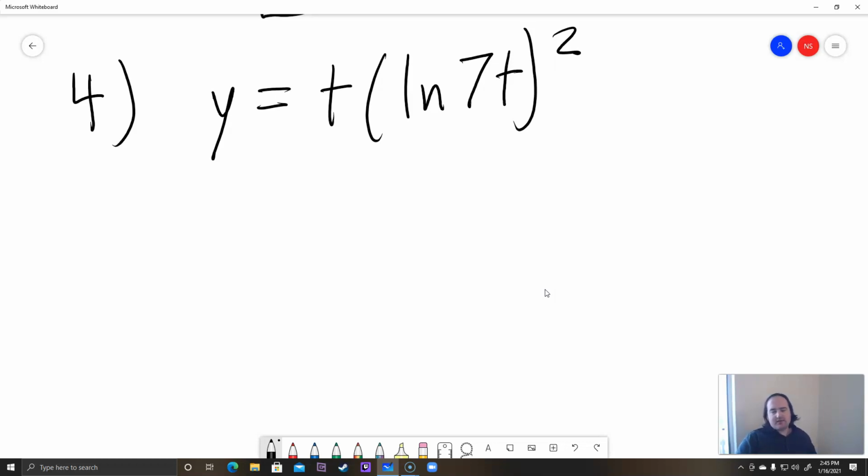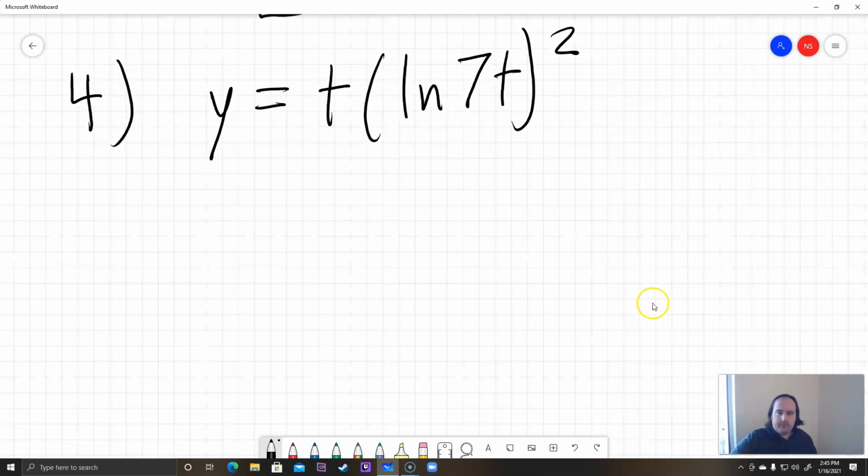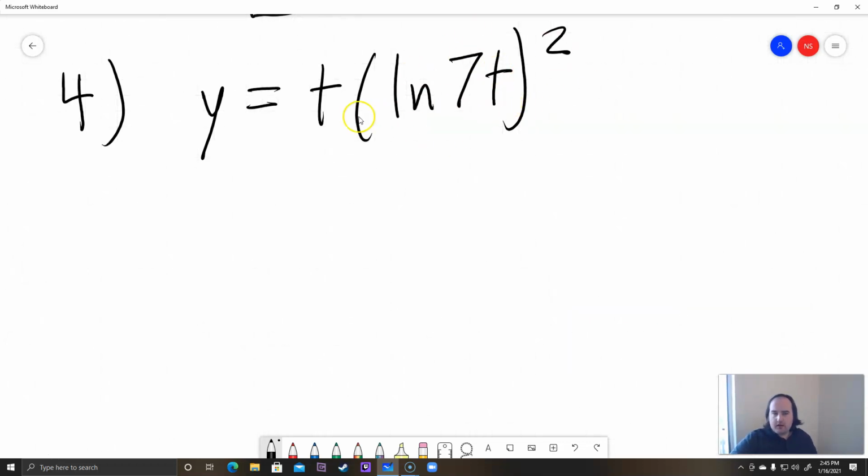So here you have to kind of remember some stuff from Calculus 1 and apply it here. So we have a composite function there, and we also have two functions multiplied together. So since we have two functions multiplied together, we're going to use the product rule.